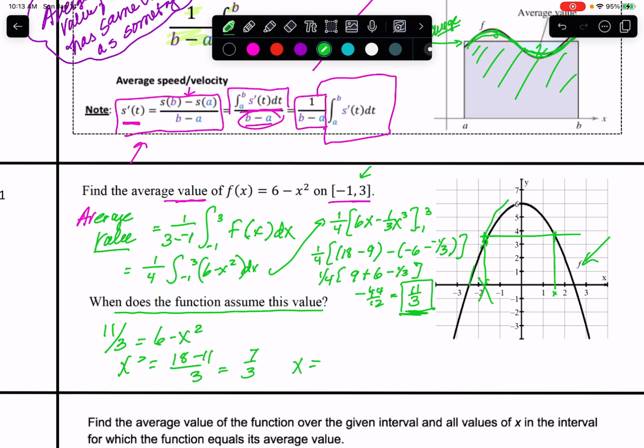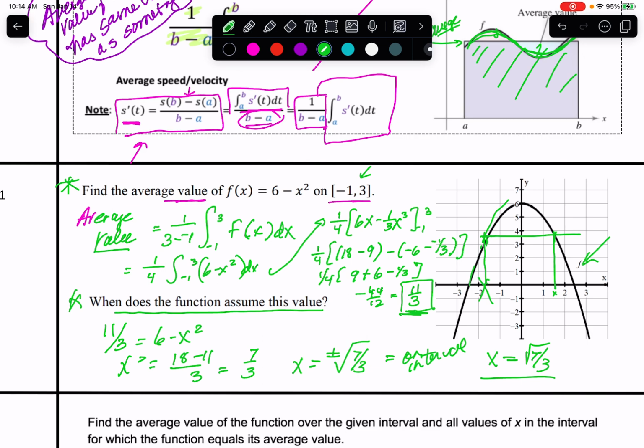So x is plus or minus the square root of 7/3. And so on the interval, this is x equals the positive square root of 7/3, right? So there you go. So very frequently they ask these two things together.